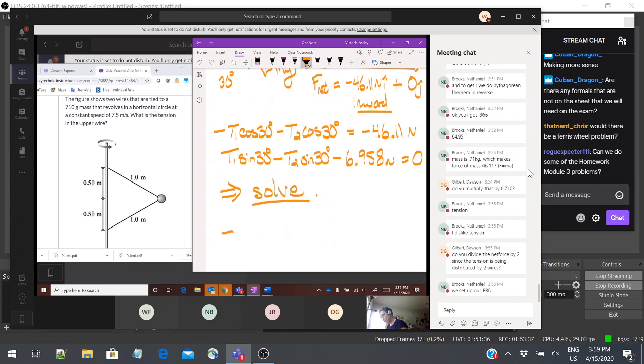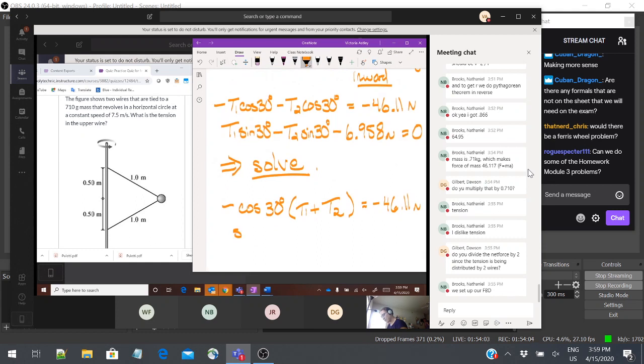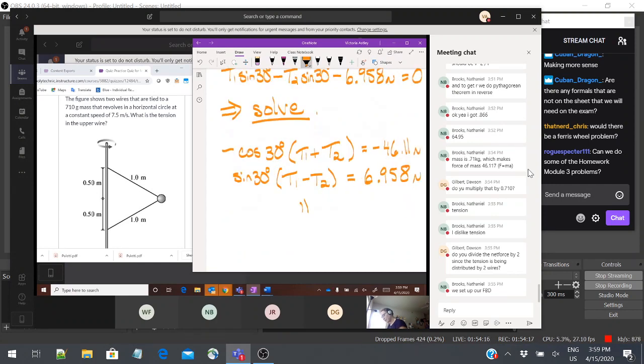What I might do is pull out and then here pull out, so I end up with T1 plus T2 equals 46.11 divided by the cosine of 30, which gives me 53.24 newtons.